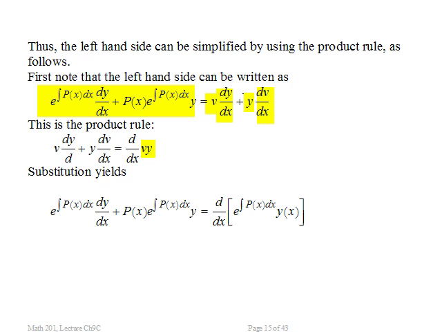So I'm going to rewrite the left-hand side using this idea. e to the integral of p of x dx times the first derivative plus p of x times e to the integral of p of x dx times y is equal to the derivative of the integrating factor times the function y of x.